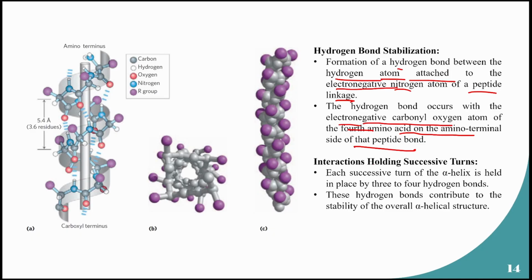So that I with I plus 4 hydrogen bonding pattern means that you will find an alpha helical secondary structure. Similarly, in the case of beta sheets also, different hydrogen bonding patterns are seen. Here it says that each successive turn of the alpha helix is held in place by 3 or 4 hydrogen bonds, and the hydrogen bonds contribute to the stability of the overall alpha helical structure.